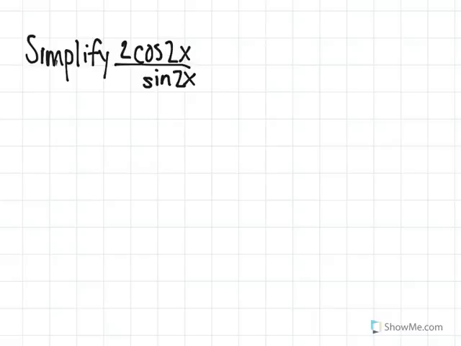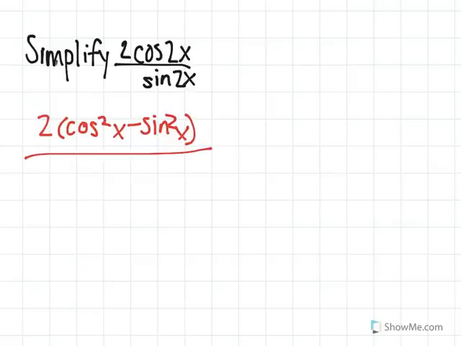In this problem, we're going to simplify 2 cosine of 2x over sine 2x, and we can do that by rewriting this using our double angle identities. We're going to have 2 times cosine squared x minus sine squared x over 2 sine x cosine x.